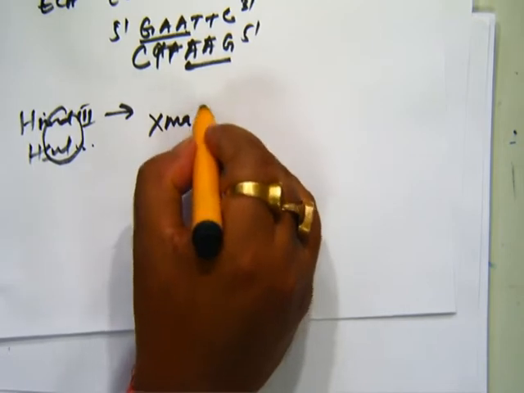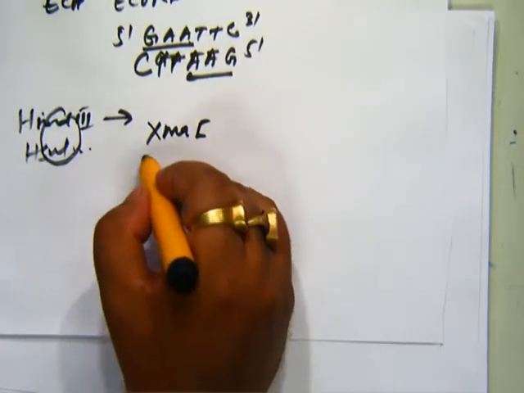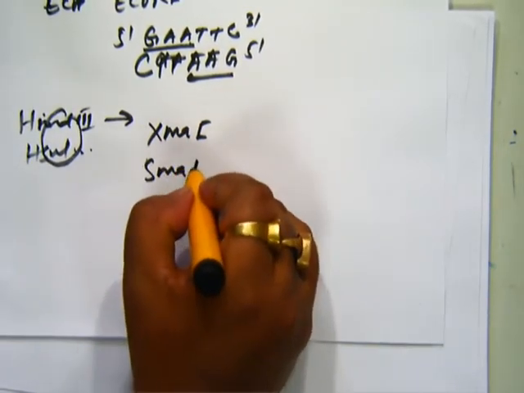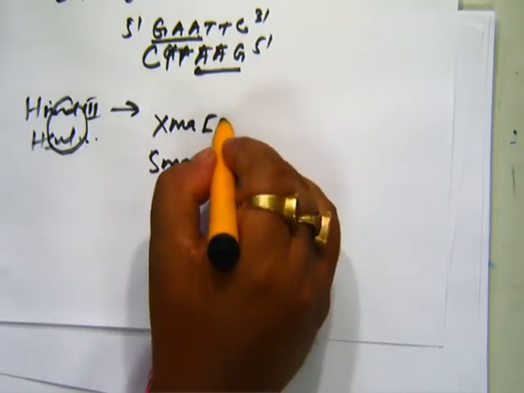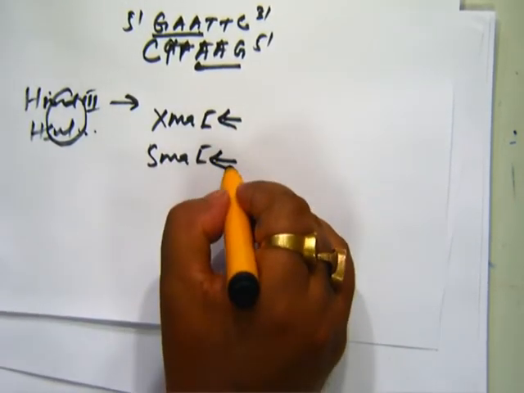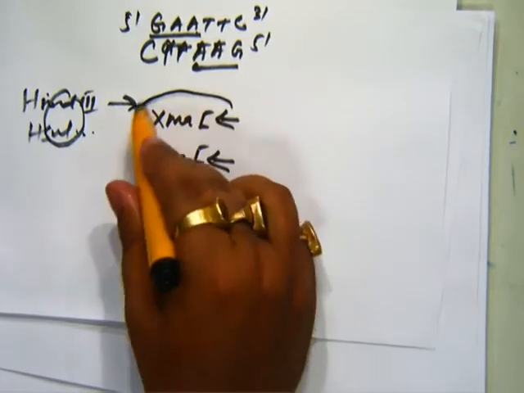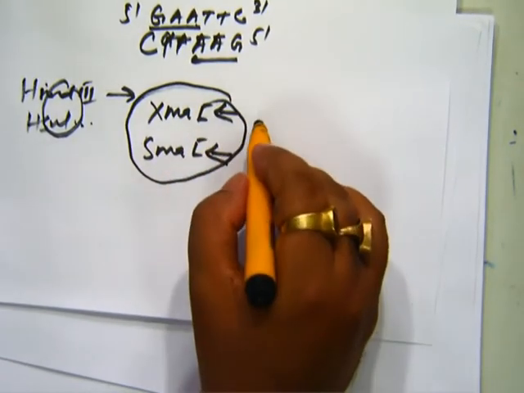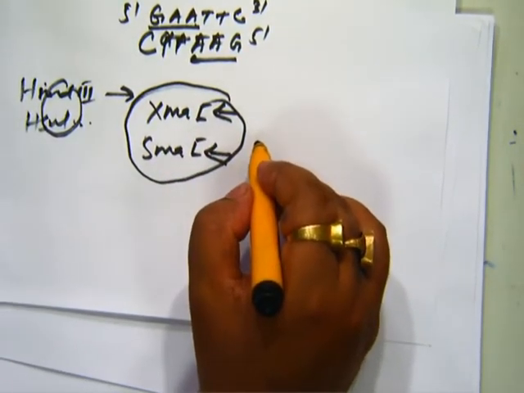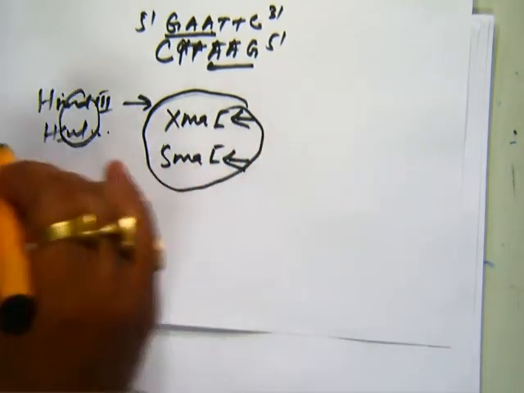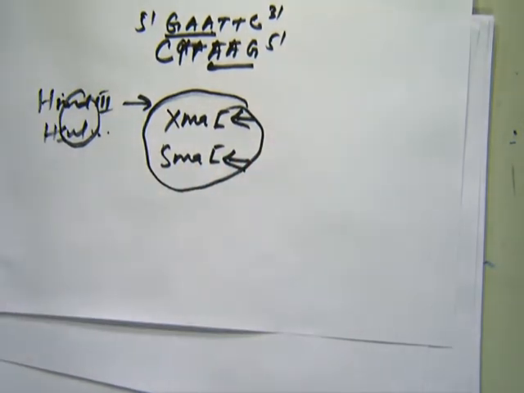For example, if we see SmaI and XmaI, one generates sticky ends and the other generates blunt ends. This type of property is called neoschizomers. Another one is called isocaudomers. Here restriction enzymes recognize different target sites, but the terminus sequences they generate will be the same.